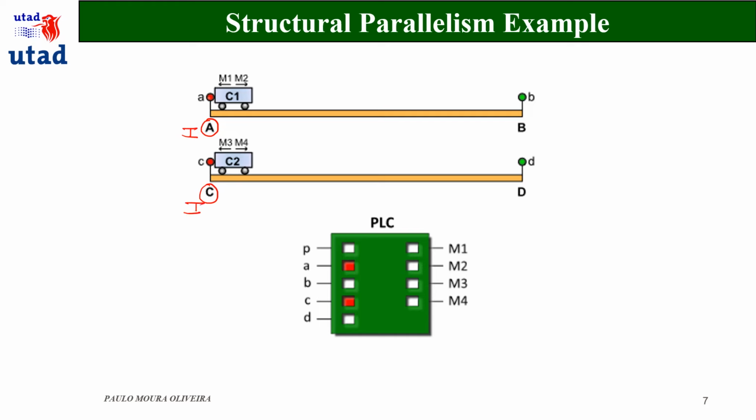So we got sensors detecting if trolley 1 is in the A or in the B position, and also sensors C and D for detecting the position of trolley C2. We got these actuators to turn the motor to the left or to the right for each one of the cars. So this is the system, and so these are the inputs.